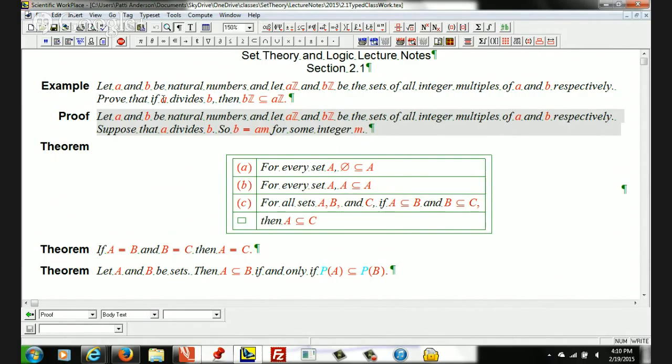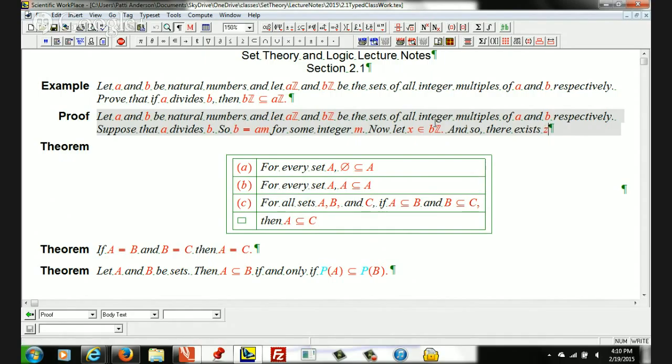Now, we're trying to start with something in bZ, right? So we're going to let x be in bZ, and I guess we can put it right here. What does it mean for x being in bZ?